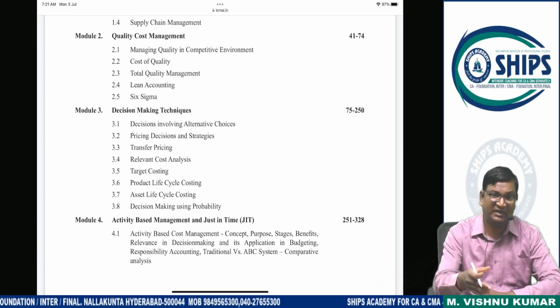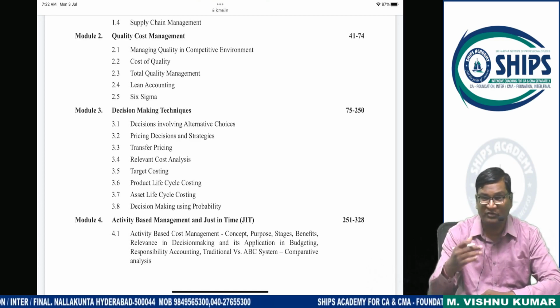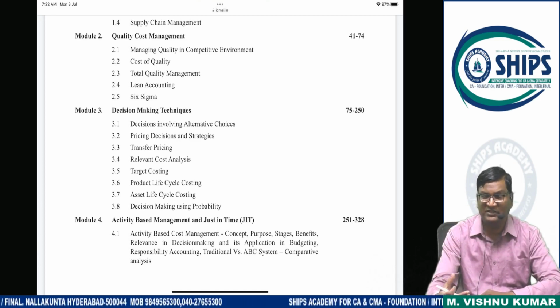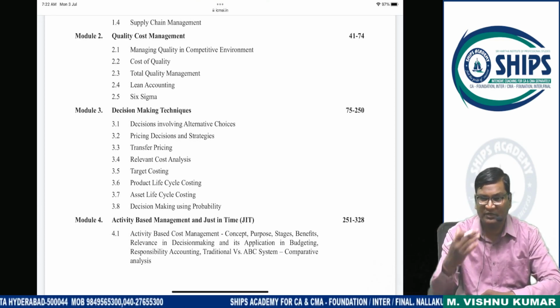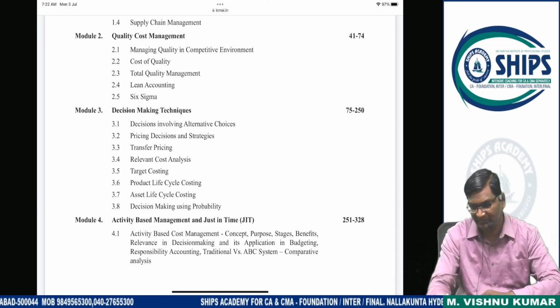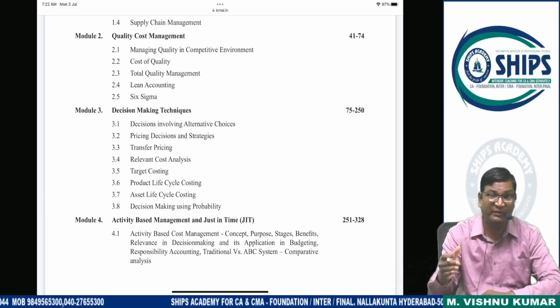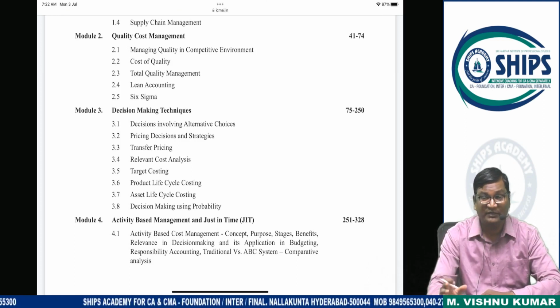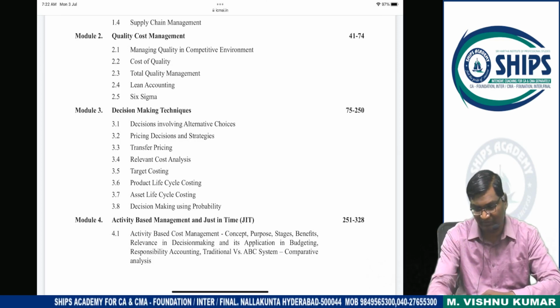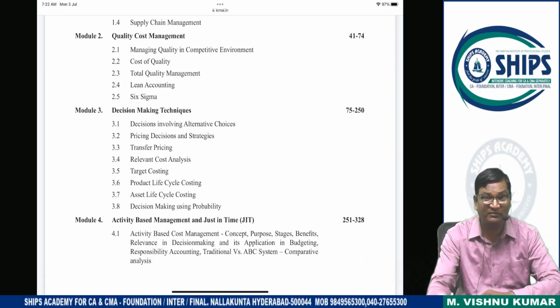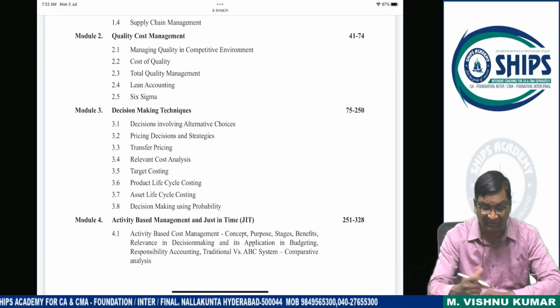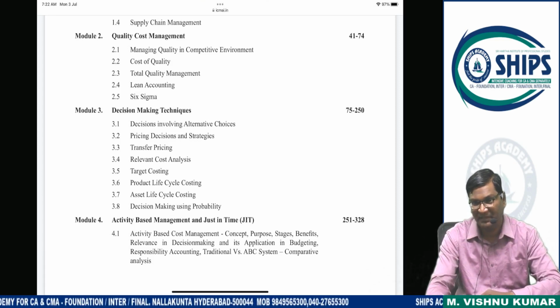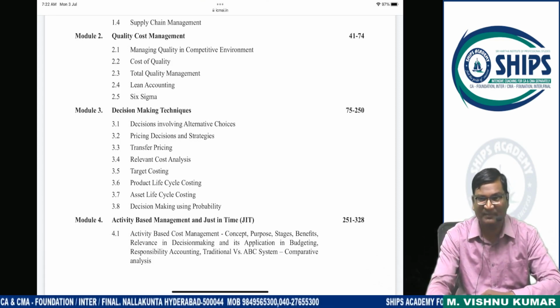If you charge that amount to the customer, the cost of the product will increase, and generally the customer feels it is not good. So that cost we have to eliminate from the product. While eliminating the cost, unnecessary cost will be minimized, but there should be no effect on the quality of the product. That is called the lean system. It is a Japanese system. Okay.